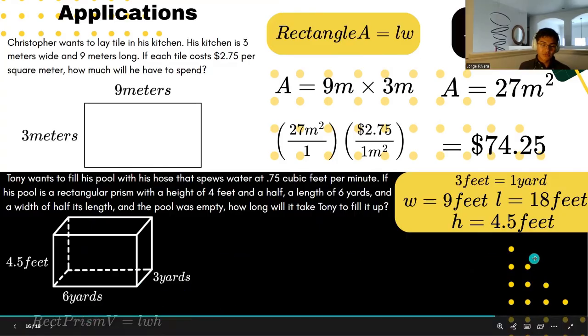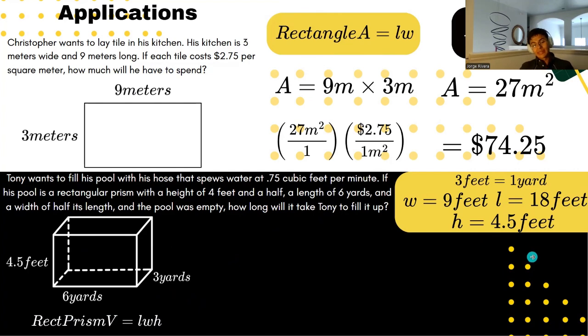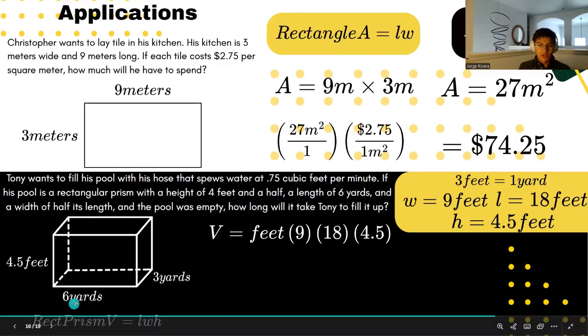The equation for the volume of the rectangular prism is length times width times height. So it's going to be feet. Since it's 3 feet for every yard, we just multiply each one of these yard units by 3.